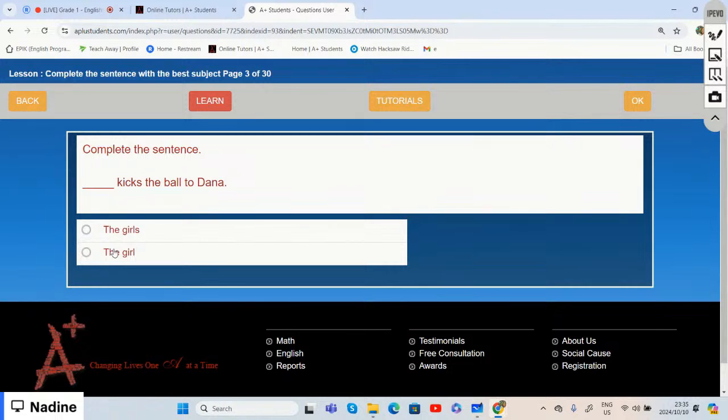We need to choose the correct option. Option one, the girls, or option two, the girl.